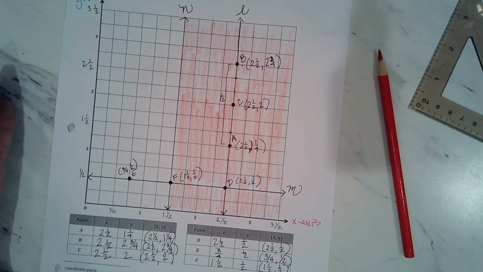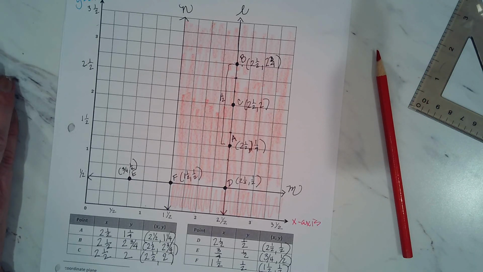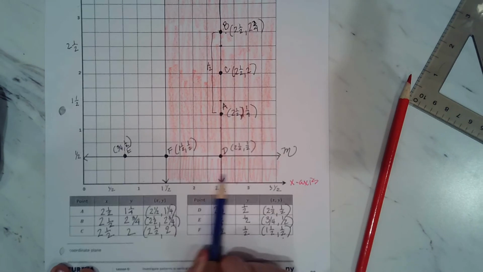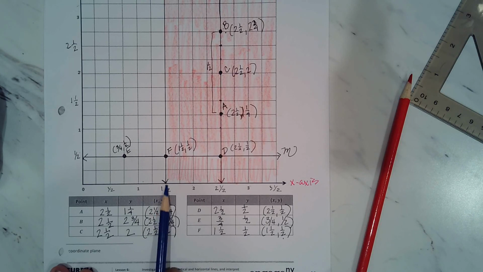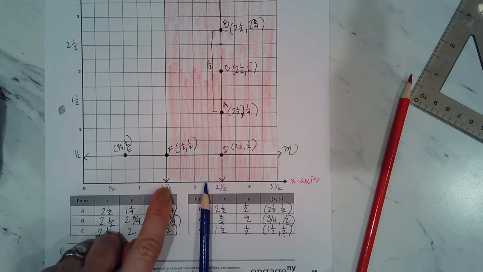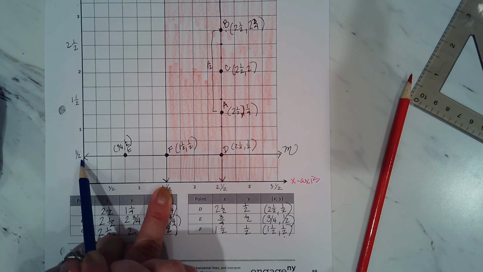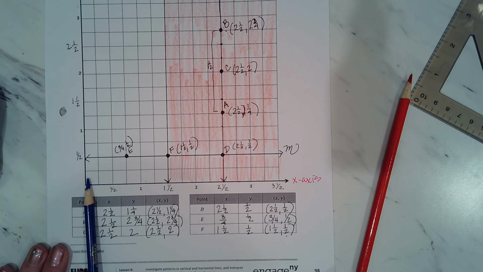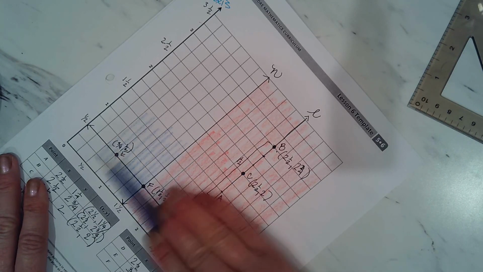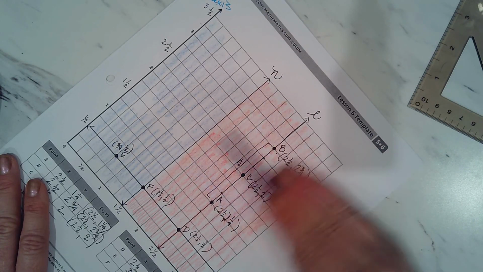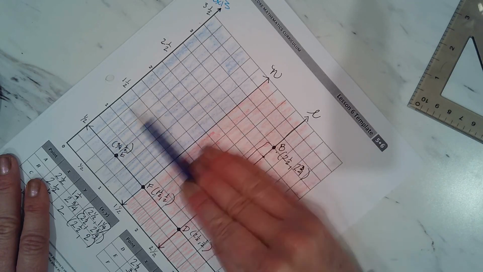Go ahead and do that. You don't have to spend too much time coloring. Okay, so all of the red is more than 1.5 units from the y-axis. Now, everything less than 1.5 units from the y-axis, I'm going to color in blue or something like that. Two different colors.